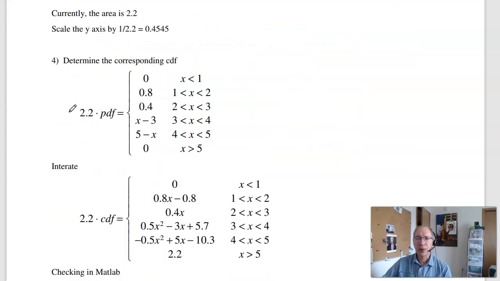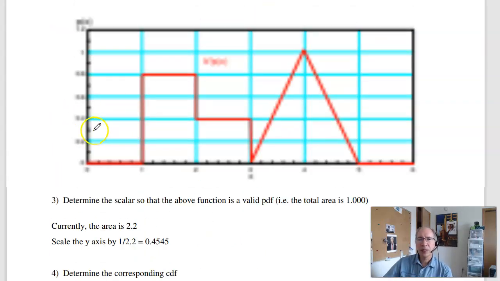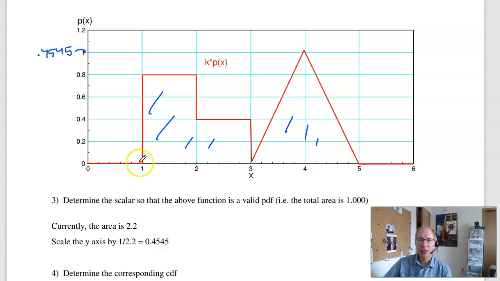Problem 4. Determine the corresponding CDF. So the PDF, I'm going to express these as functions. This is 0, that's 0.8, this is 0.4. This straight line, the slope is, well, going back to 1. I'm going to scale it when I'm done. Just makes it easier this way.